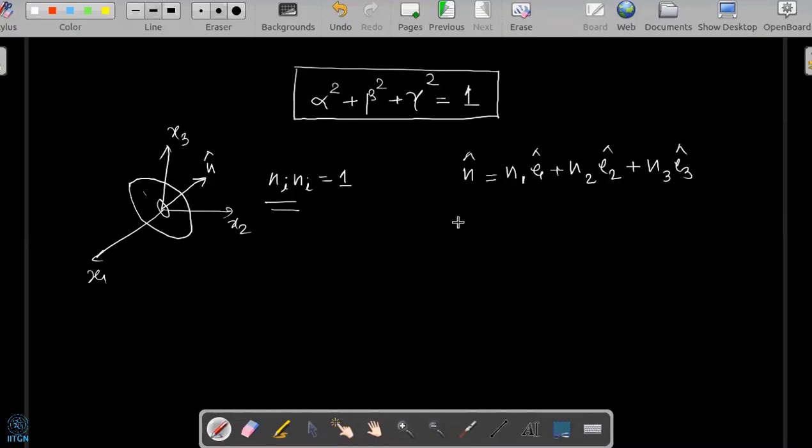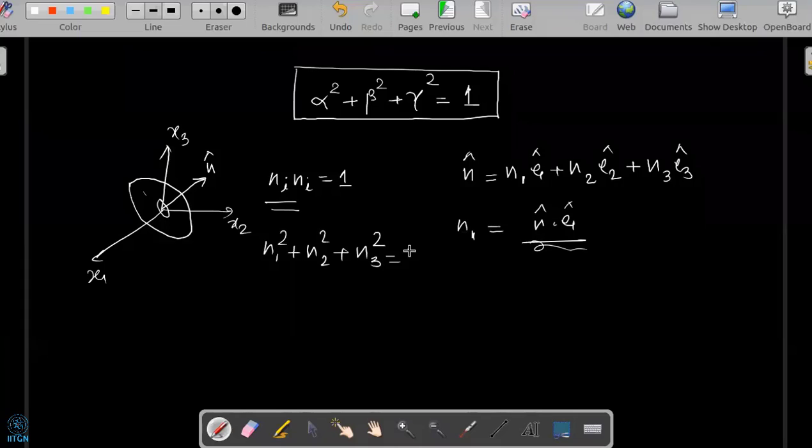And what is actually n1? n1 is nothing but n dot e1, and so on. So these are nothing but the direction cosines, and that is why n1 square plus n2 square plus n3 square is equal to 1. So this is the concept of direction cosines.